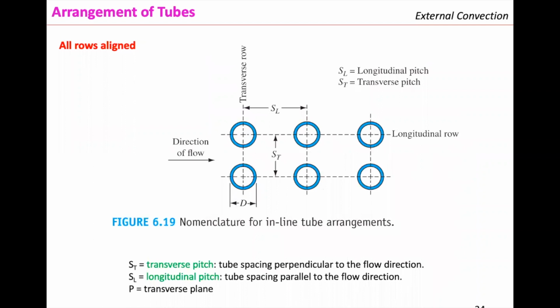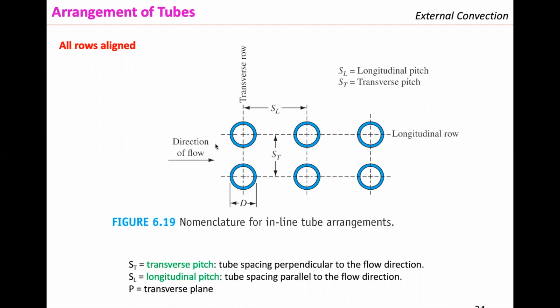We can have different geometries of these bundles or 2D arrangements of tubes. You have this figure in your textbook, figure 6.19, to show you what inline tube arrangements look like. In this case, very important, all the rows are aligned, like you can see, right?